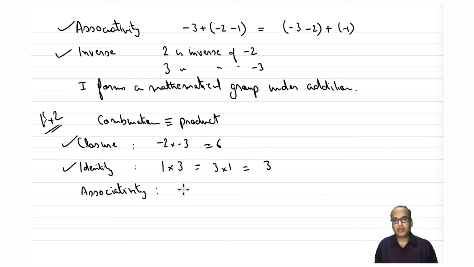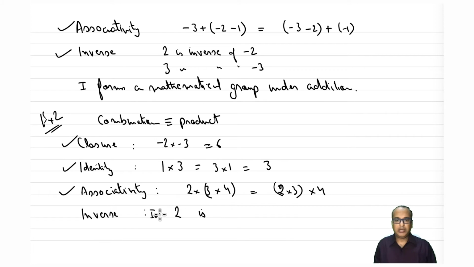Now associativity. Does it hold? Let's see. So associativity means (2 into 3) into 4 is equal to 2 into (3 into 4). So that should also work. Associativity holds. Now let us look at inverse. So inverse of 2 is 1 by 2.